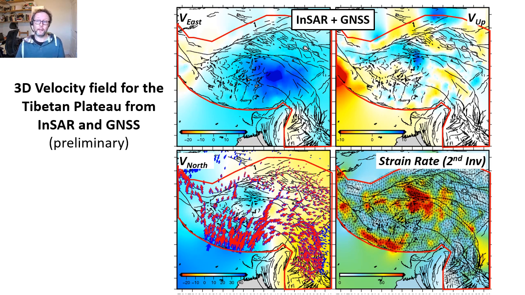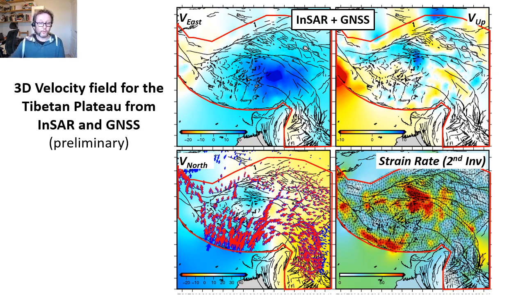What we're seeing here is the east, north and up components of the 3D velocity calculated on our triangular mesh alongside the second invariant of the strain rate tensor. The east component shows us the features you might expect with a gradual eastward motion of central Tibet and some concentrated gradients in that eastward motion along some of the major faults, including the Alpine-Himalayan fault and the Kunlun fault.